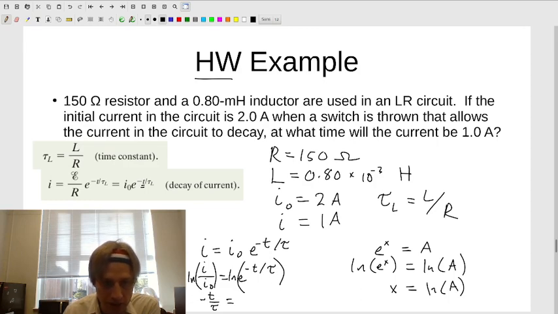Notice that I need to keep my minus sign around here, equals log of I over I naught. Okay, so I think I've set this up well enough for you that you are going to be able to go ahead and solve for that t because everything else is here.